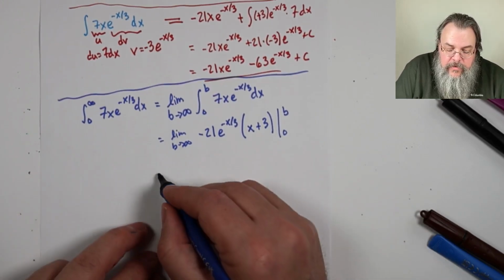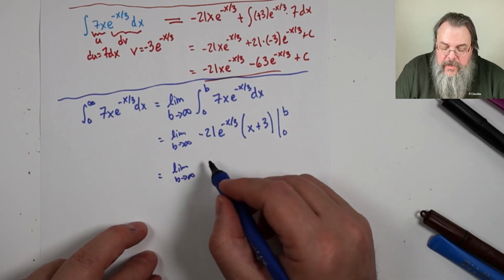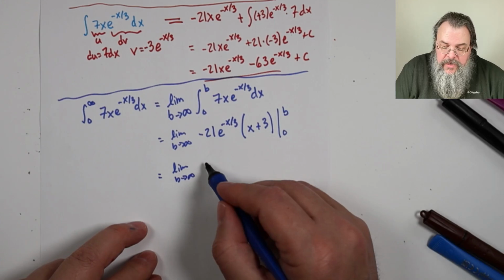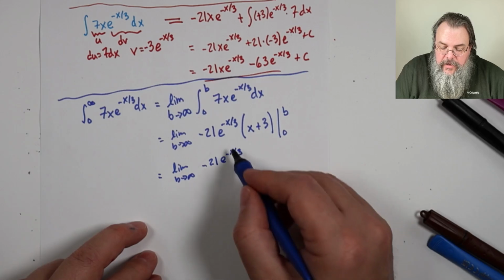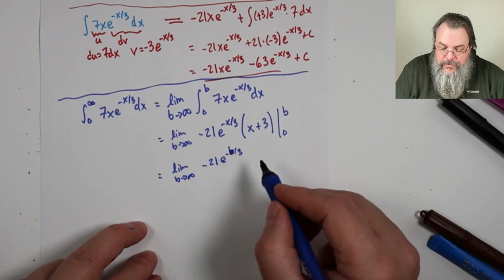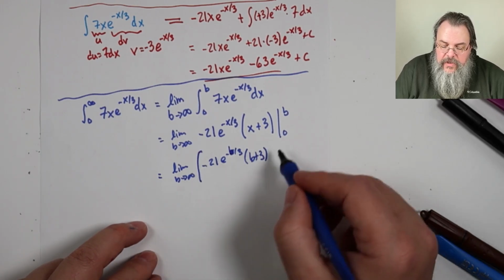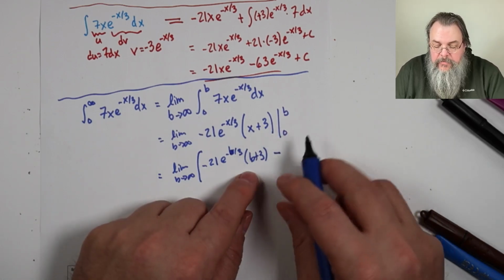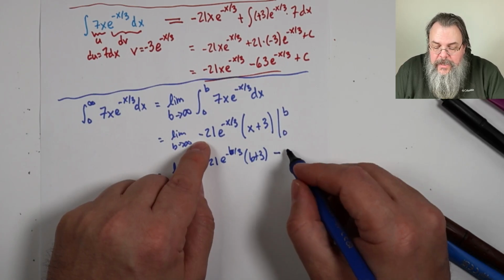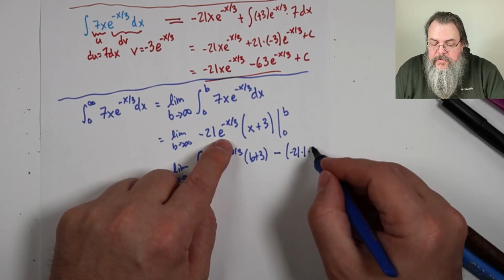Now, great. So this is our limit as b goes to infinity of, plug in the b, we have minus 21 e to the minus b over 3, times b plus 3. All right. Now that's plug in b, subtract, plug in 0, minus, here you get a minus 21 times 1 times 3.